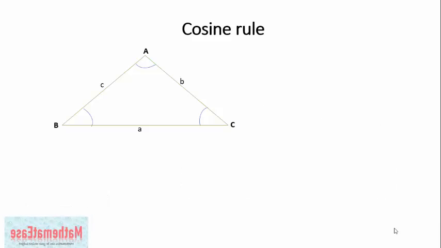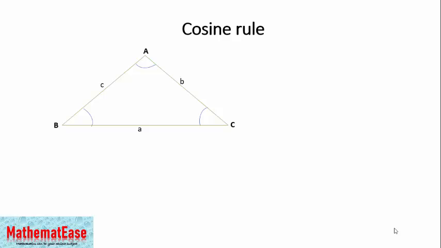Now, cosine rule. Cosine rule is similar to sine rule, but they are not exactly the same thing. As I explained earlier, we have angles A, B, C, which are in capitals, and lengths a, b, c, which I use small letters to represent. Anytime you want to use cosine rule, you have 3 different conditions.